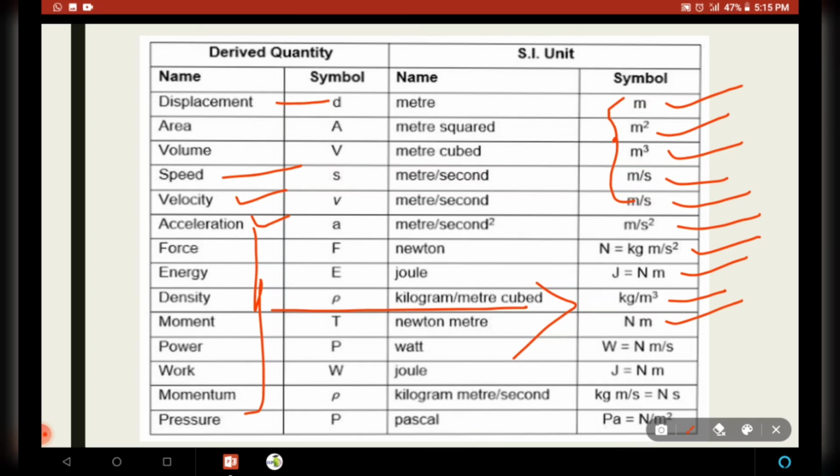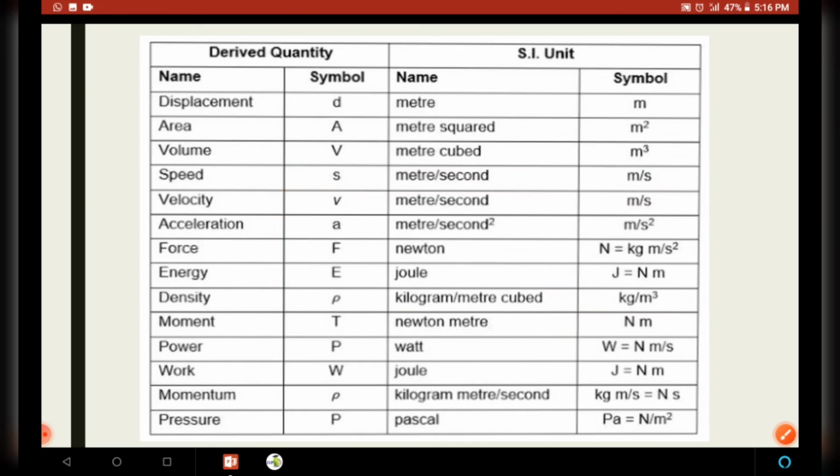Power, Newton meter per second. Work, Newton meter. Momentum, it is Newton second. Then pressure, it is Newton per meter square. These are all derived physical quantities.